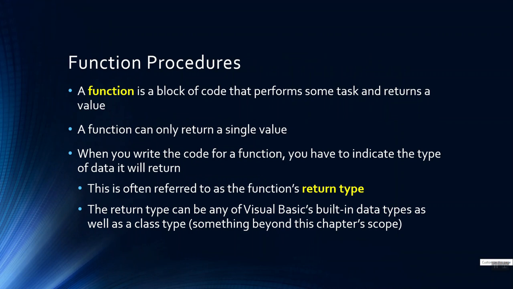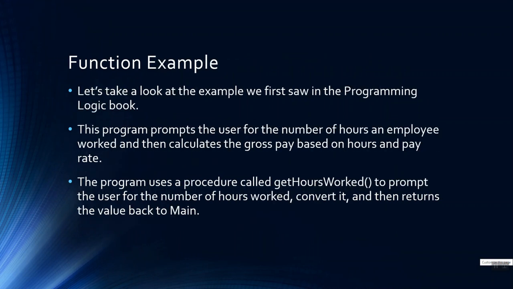And the return type can be any of Visual Basic's built-in data types, as well as class types. And that's something that's a little beyond the course, although we will touch on classes in the next unit. But for example, we can create a function that returns a double or a string or an integer.